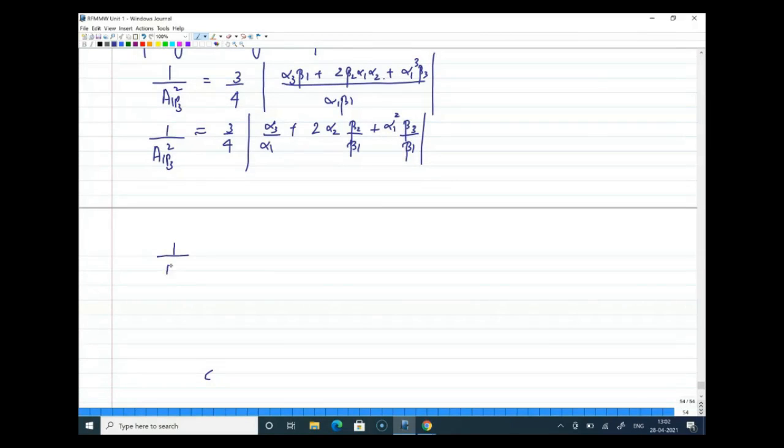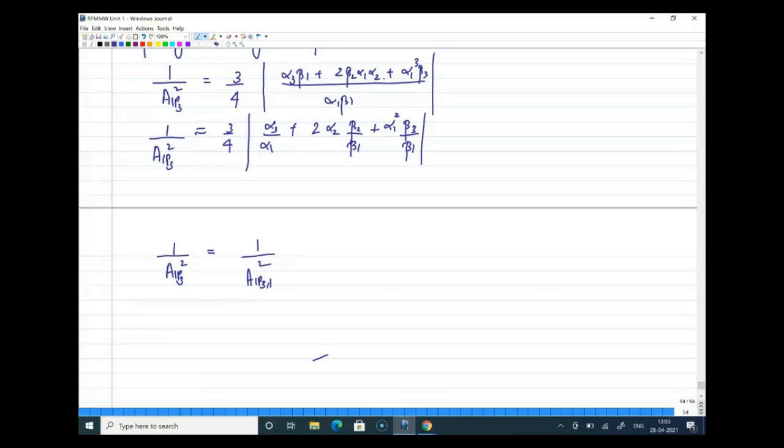So I'll write it as 1 by AIP3 square is equal to, I'm just taking 3 by 4 inside. If you are taking 3 by 4 inside, what will be your first term? First term is 3 by 4 into alpha 3 by alpha 1, right? That can be otherwise written as 1 by AIP3 1 square.